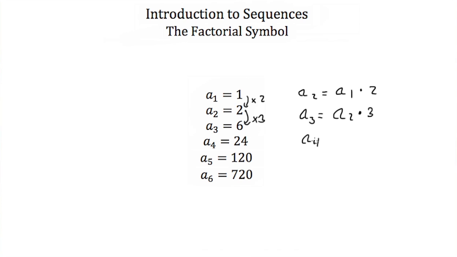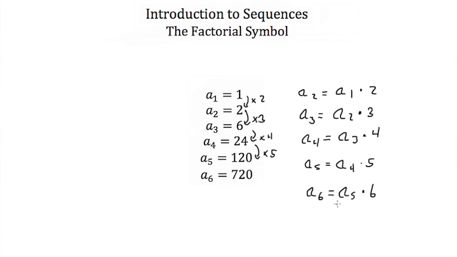Our fourth term, that's equal to our third term times 4. Our fifth term, that's equal to our fourth term times 5. And I think I see the pattern here. Our sixth term is equal to our fifth term times 6.